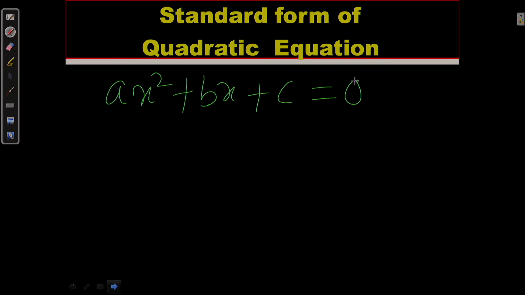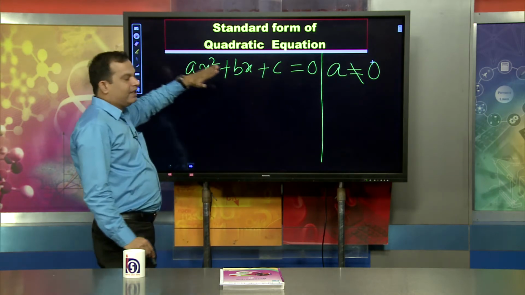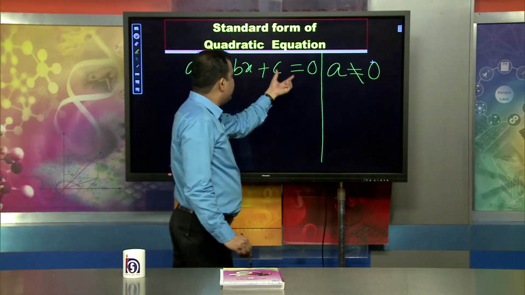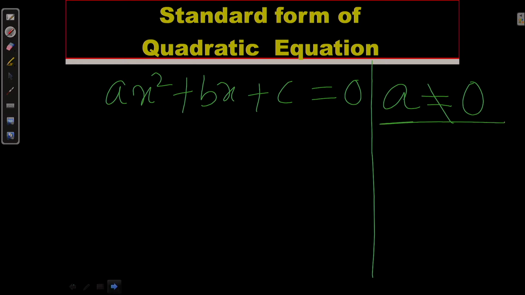And one very important condition is a not equal to 0. That means in a quadratic equation the standard format is ax square plus bx plus c equal to 0, with the condition a not equal to 0. That is very important.